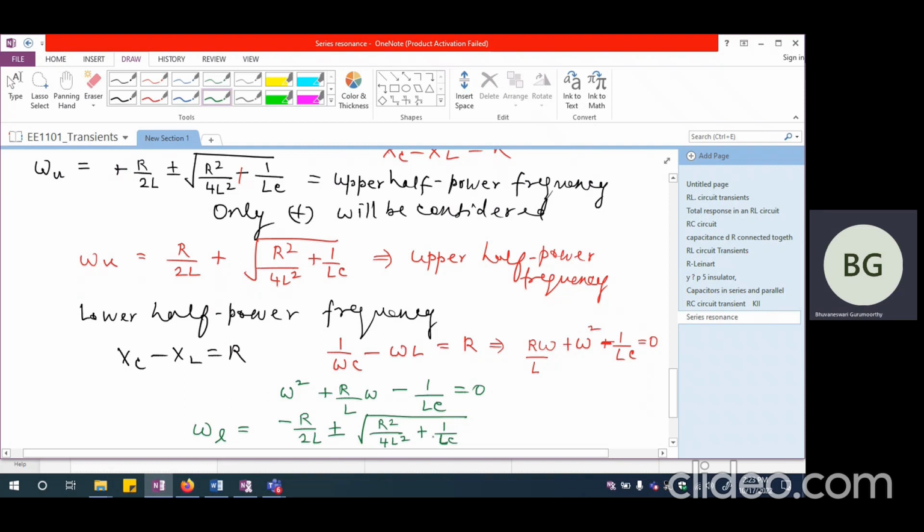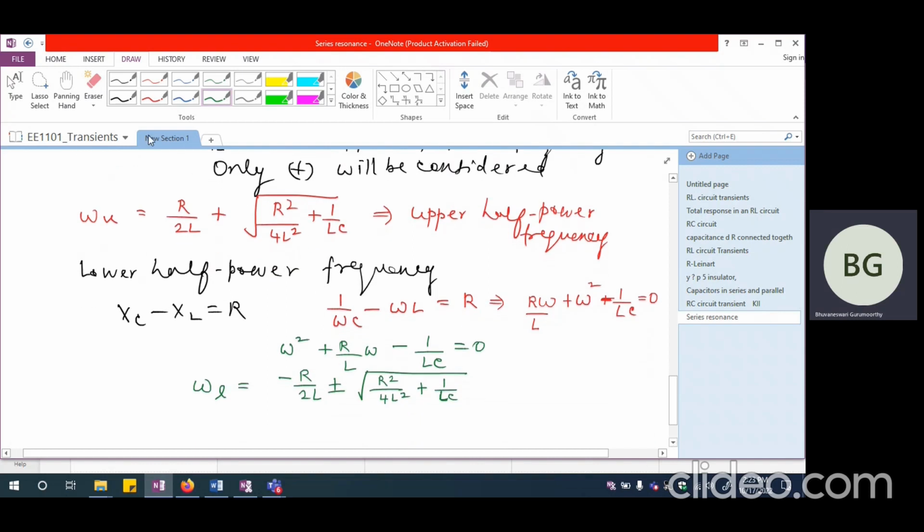So this is going to be the lower half power frequency. Again, out of this plus or minus, only the plus sign will be considered.